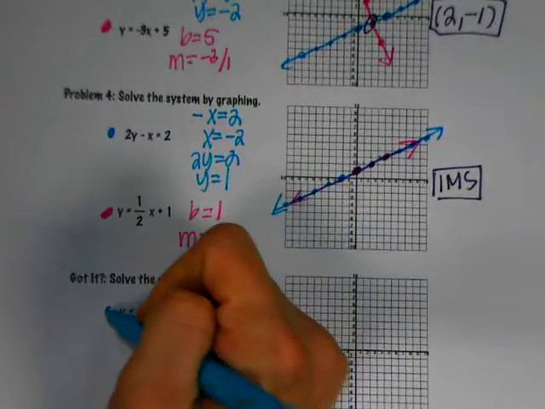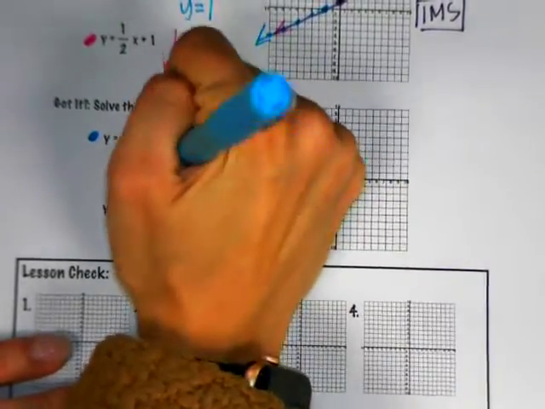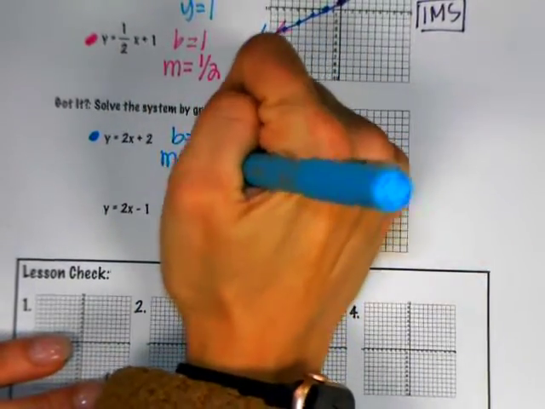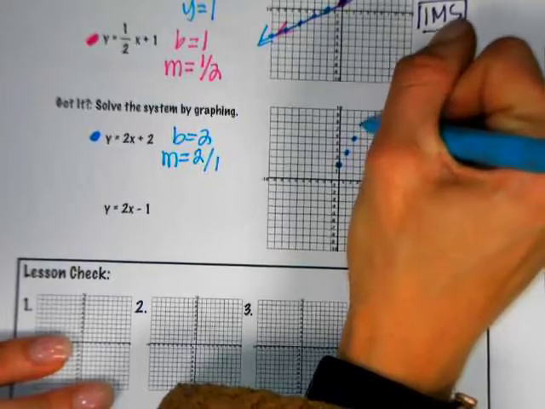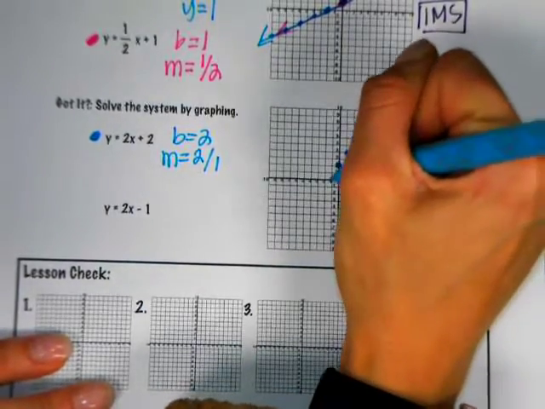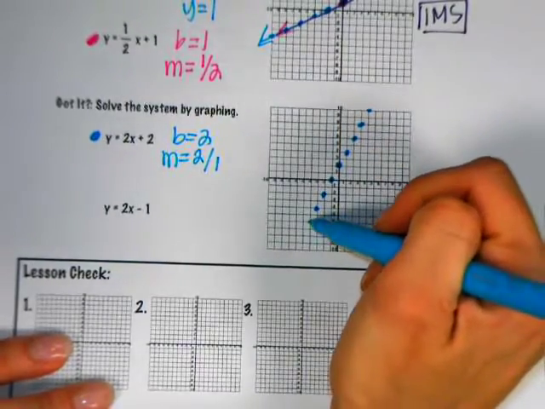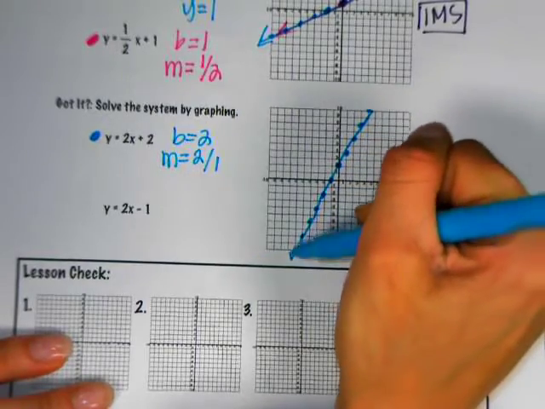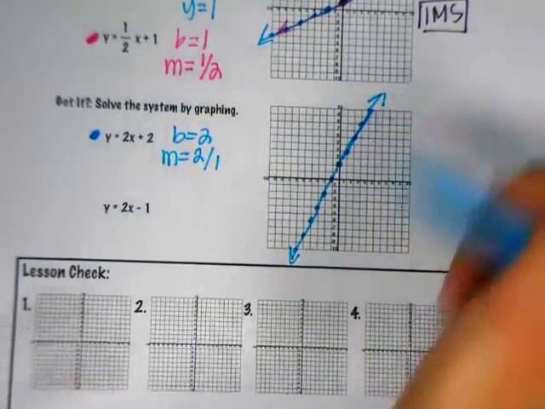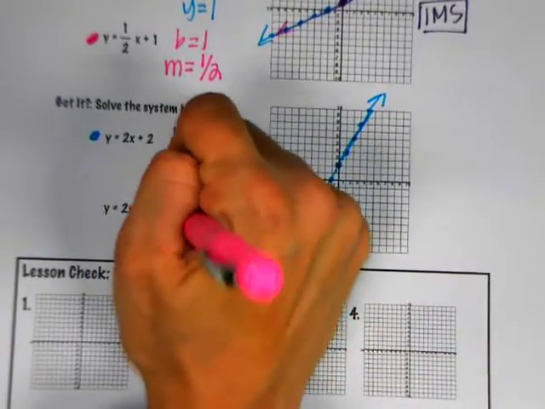All right, so for this top one, what's my b? Yep. What's my slope? Okay. And this line, what's my slope, or my y-intercept?